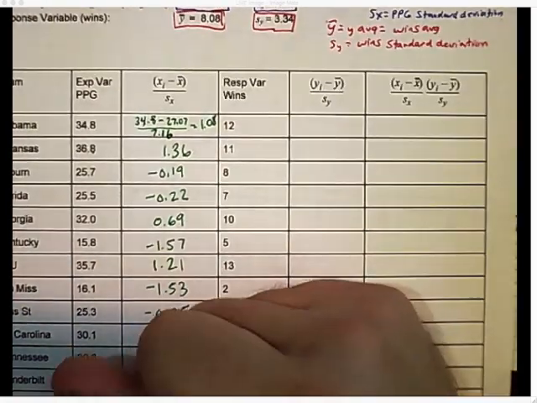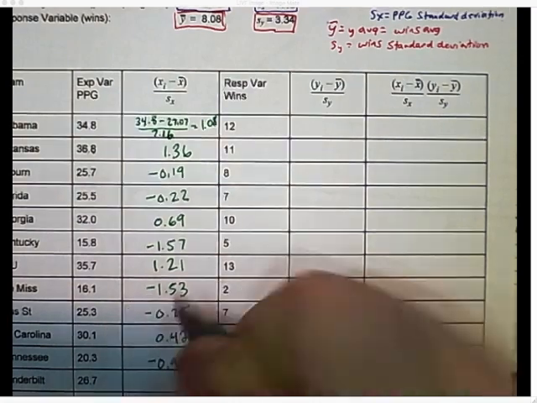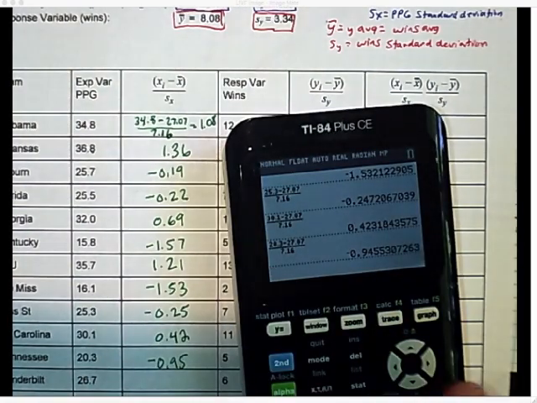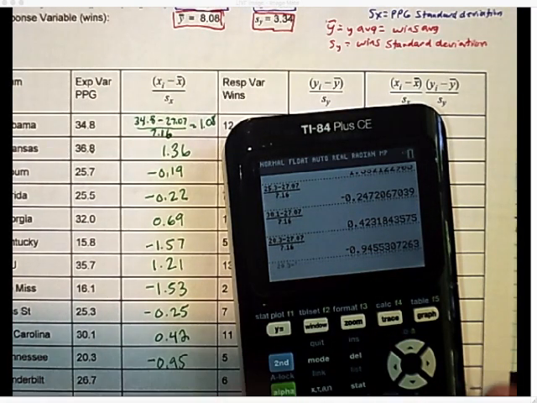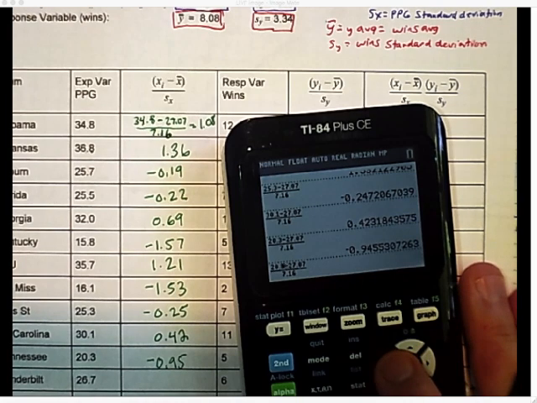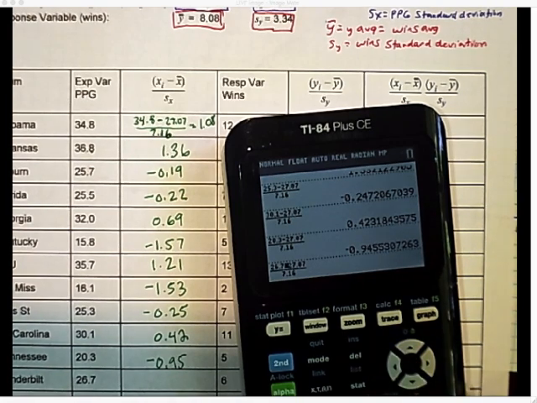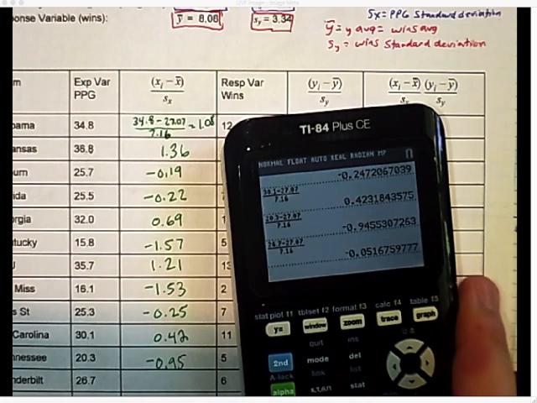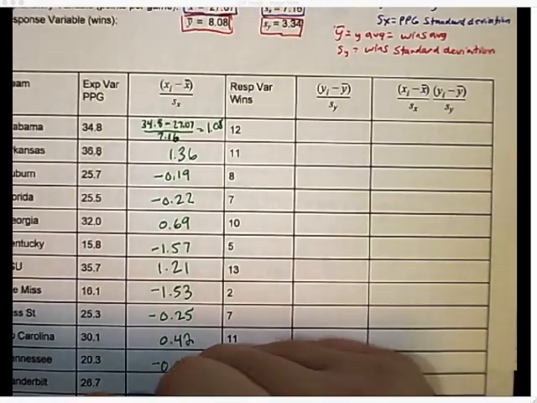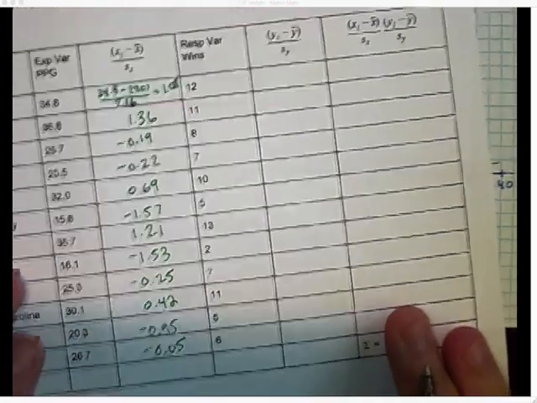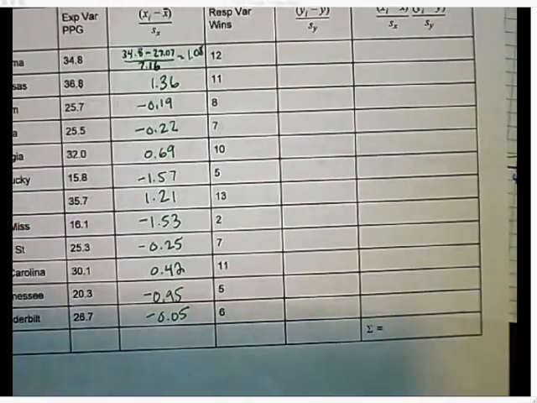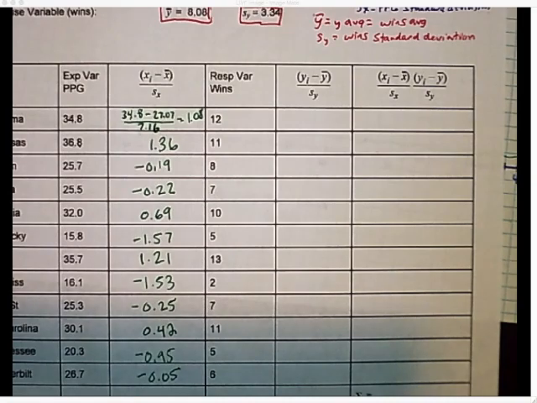Negative 0.95. Negative 0.05. So I did that for all 12 teams. Now we have to do it for the Y values.